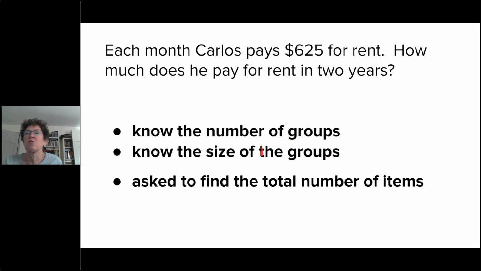We know the number of groups, we know the size of the groups, we're asked to find the total, a multiplication problem. But what are we going to be multiplying? Because he says each month Carlos pays $625, and we want to know how much in 2 years. Well, how many months are there in 1 year?